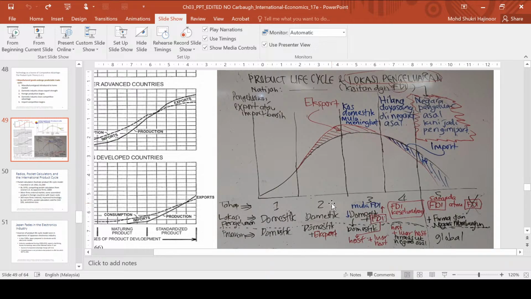When the product was introduced, the location of production was domestic. The market was only domestic when the product was first introduced. This is phase 1. Production, domestic. Market, domestic. And now, when the product becomes matured, this is the growth phase.